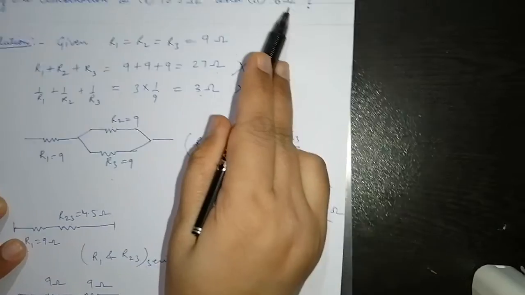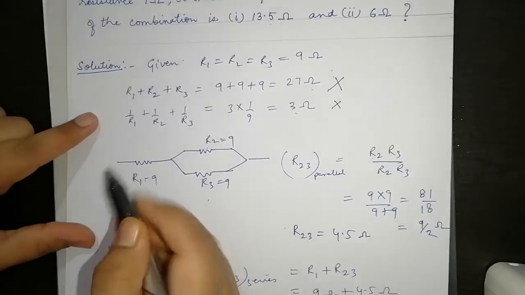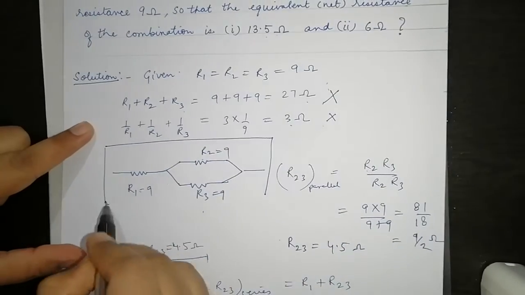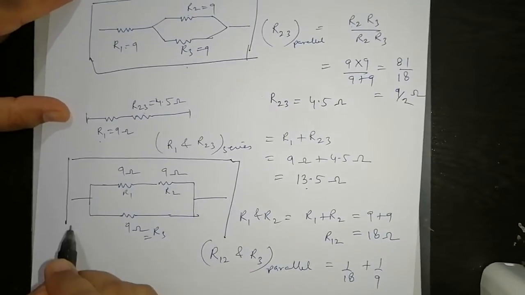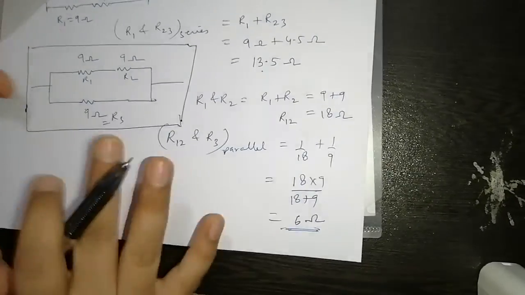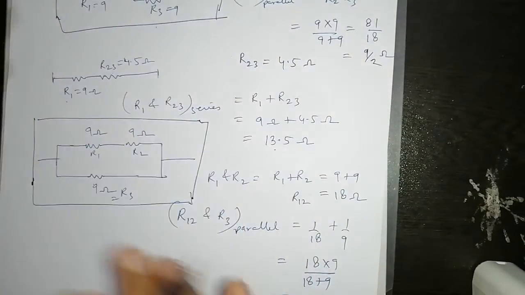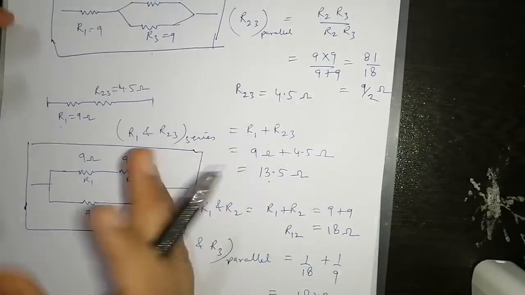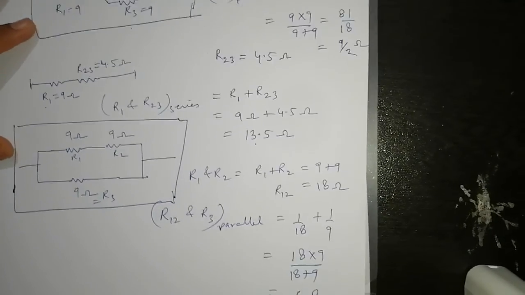In the question we required 6 ohm. So for the first part, this is the required combination, and for the second part, this is the desired combination. Okay, so we have to use our common sense and try to find out. First of all, we will see whether the combination is exceeding the series combination or the parallel combination. In this way we will proceed. Thank you so much.